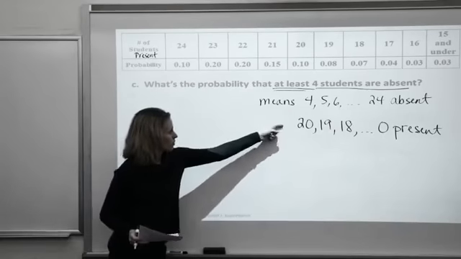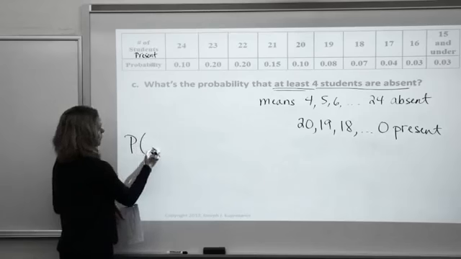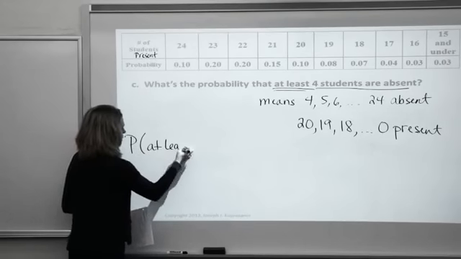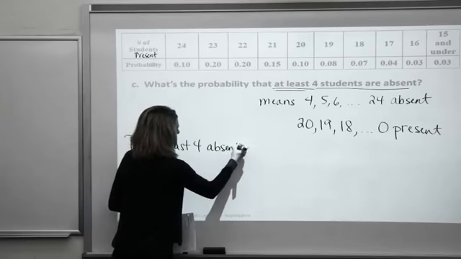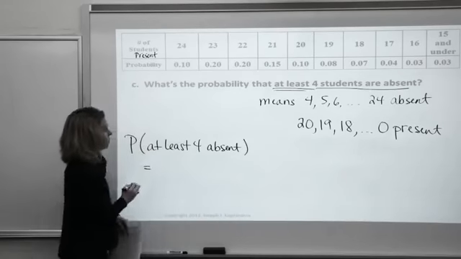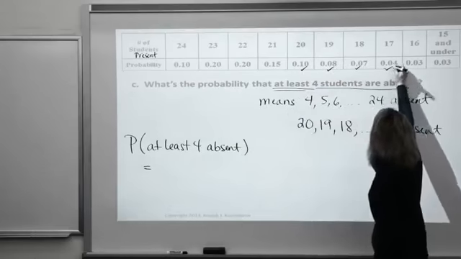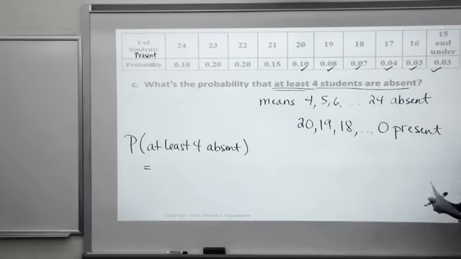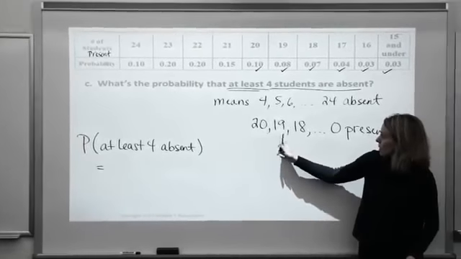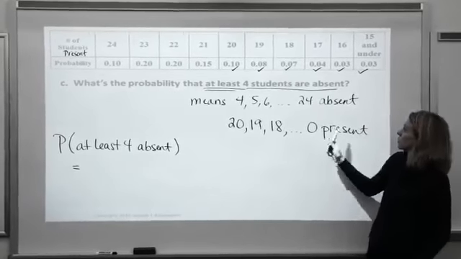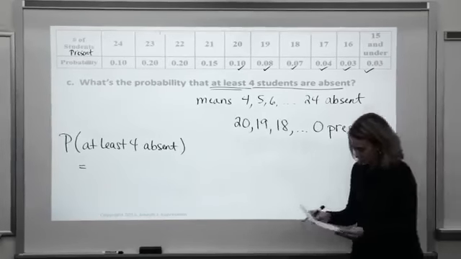So this is what we're looking for here this time. And so the probability that at least 4 are absent, we could get by summing up all these probabilities. The probability that 20 are present, 19 are present, 18 are present, all the way down to 15 through 0 being present.